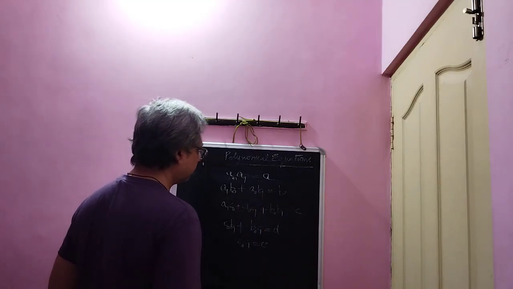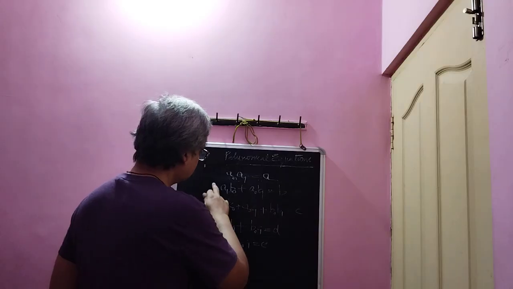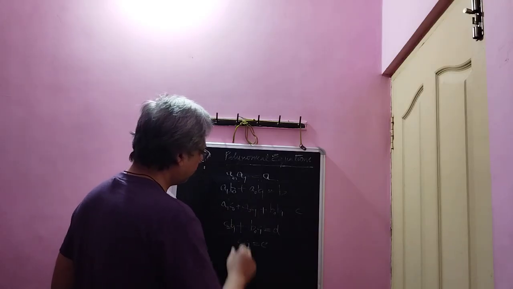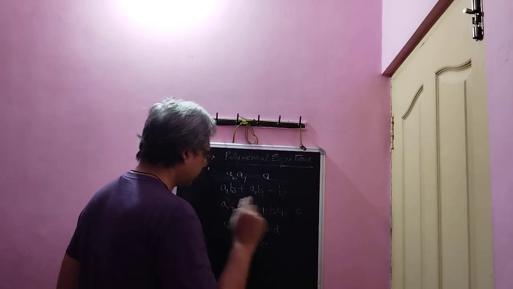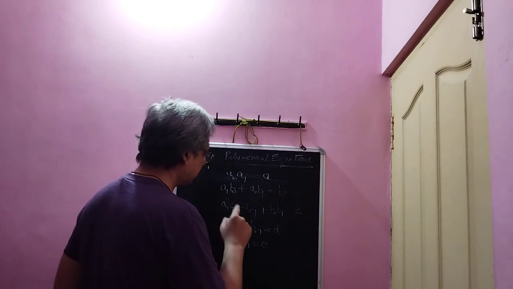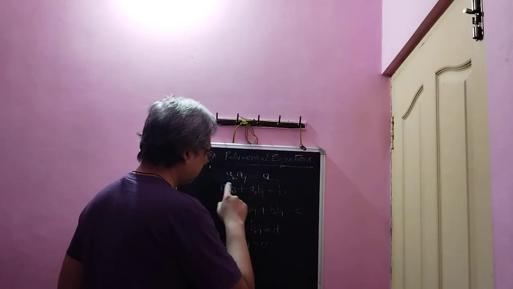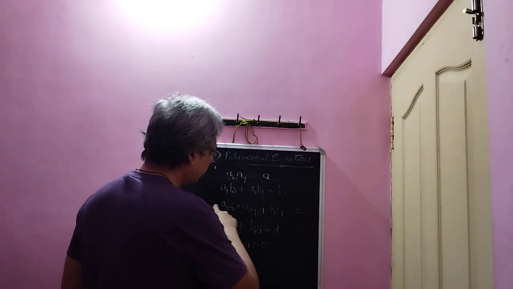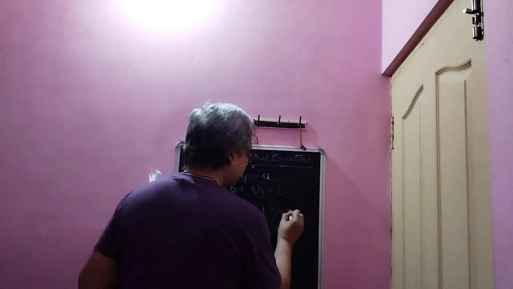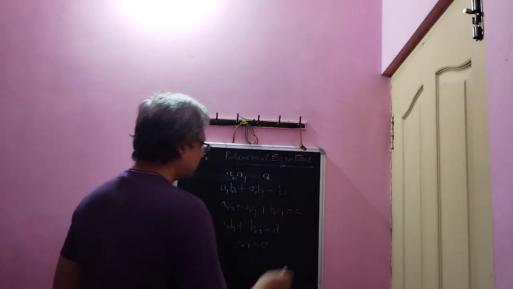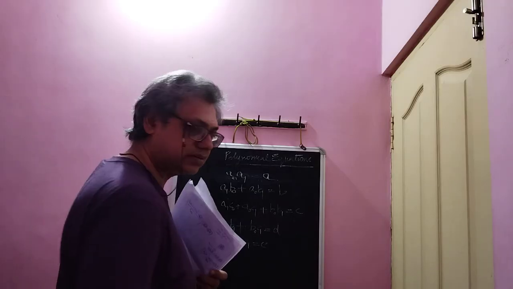Having determined A1 and C1, we can try to solve for B naught and B1 using two equations. We plug those values into the remaining equation and see if the identity holds good. If it does, it means that we have accurately determined all the coefficients.